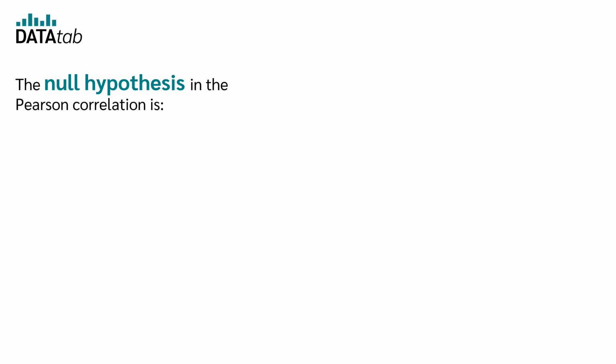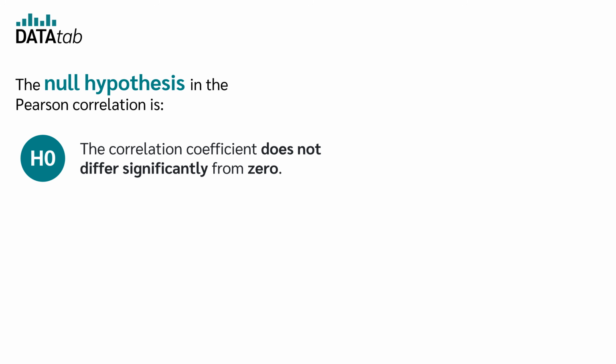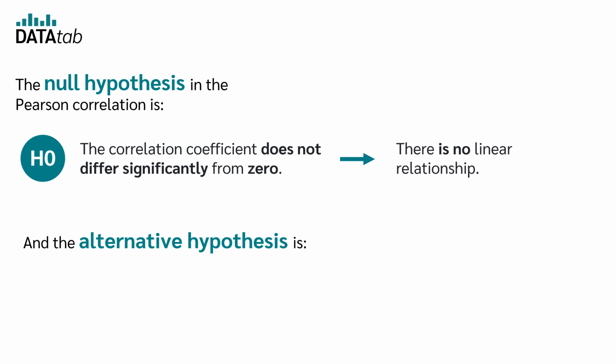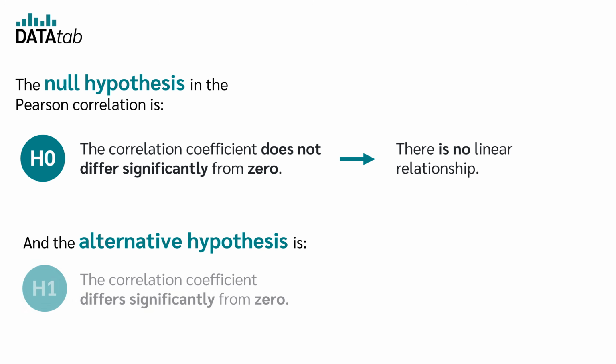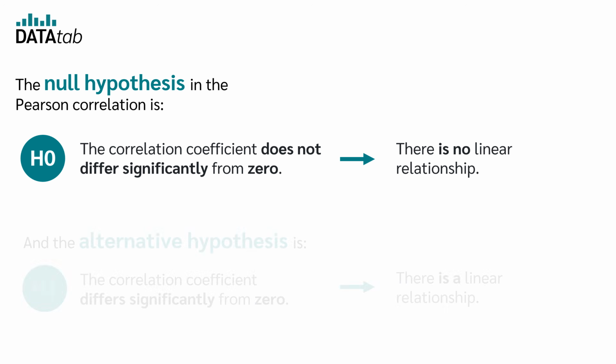The null hypothesis in the Pearson correlation is: the correlation coefficient does not differ significantly from zero. There is no linear relationship. And the alternative hypothesis is: the correlation coefficient differs significantly from zero. There is a linear relationship.